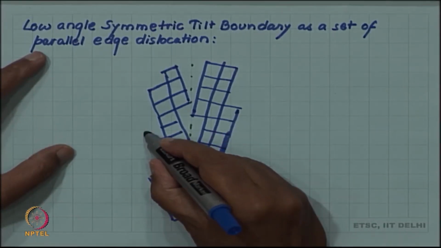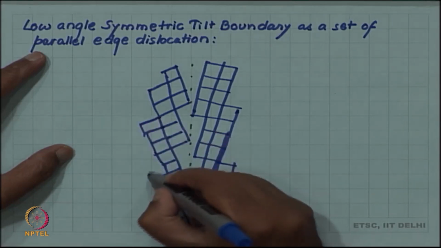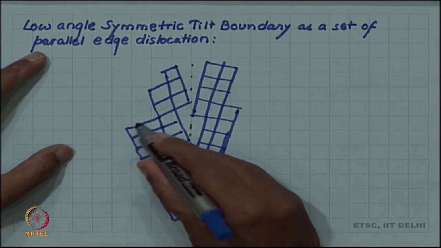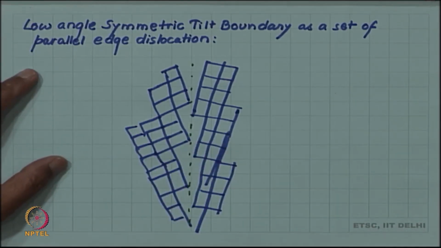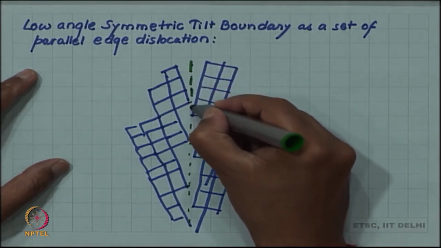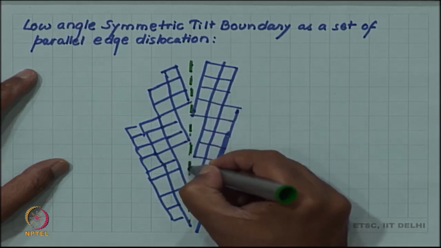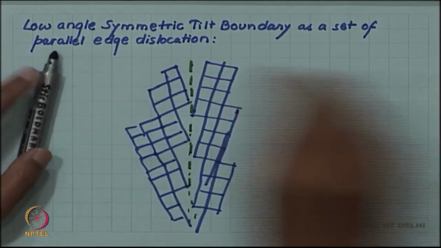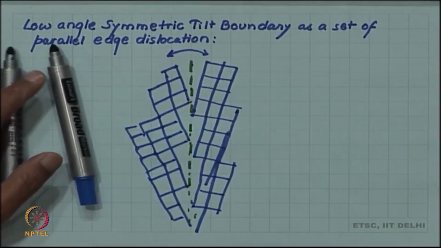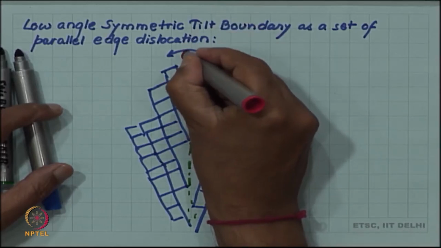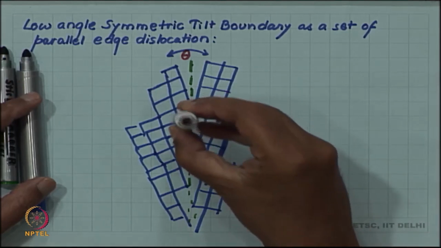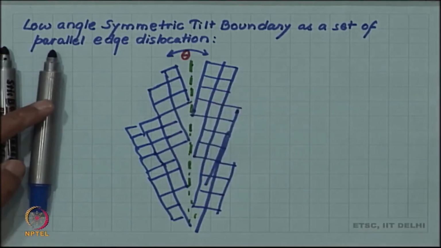I am not drawing too many unit cells. But then you can see that you have now two crystals which are separated by this boundary, and there is a tilt between them, and this tilt is of an angle theta. This tilt is of an angle theta, and the tilt axis is perpendicular to the plane of the paper.